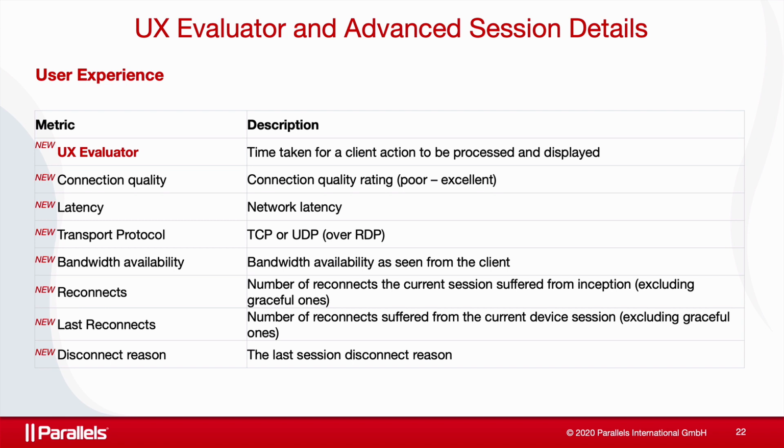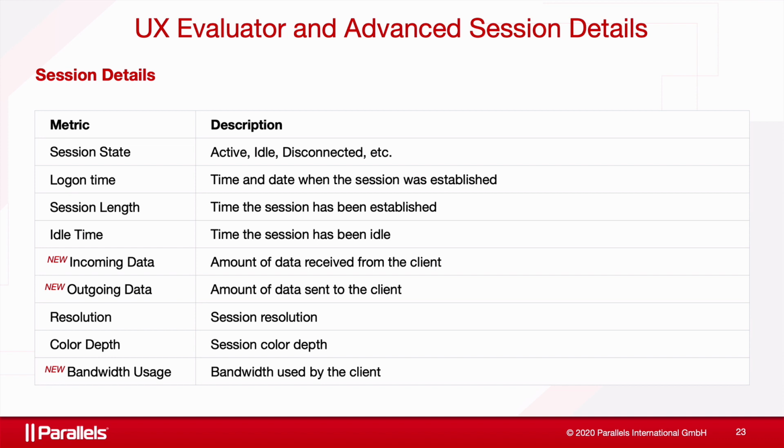Bandwidth, reconnections, and disconnect reason. So this is good troubleshooting information that is exposed in the RAS console for the help desk or support to find out why the user was being disconnected.